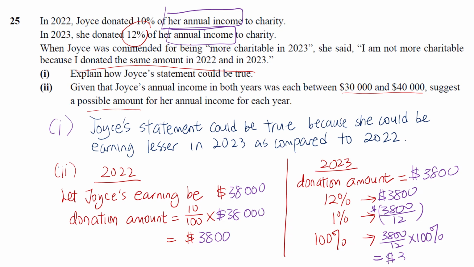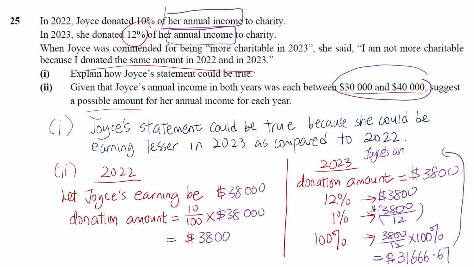Yes, we end up having 31,666.67, and this amount is more than 30,000, so it satisfies this condition here. Therefore, Joyce's annual income in 2023 is 31,666.67. Okay, so that ends assignment 8A.